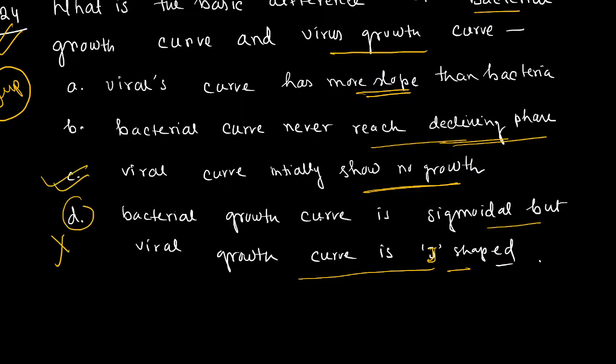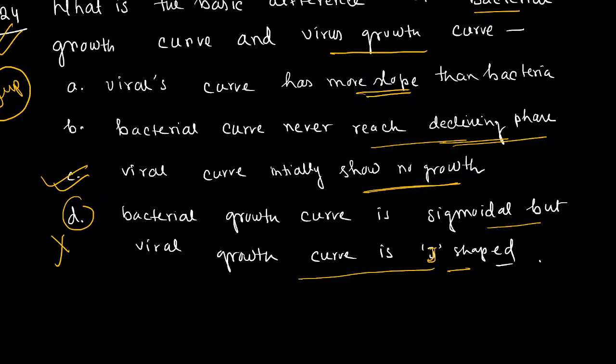Initially, the virus shows no growth because they have to penetrate our cell and make their own whole system. At that time they are busy, so they don't rupture, burst or kill the cell.